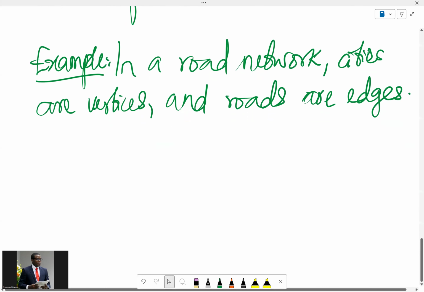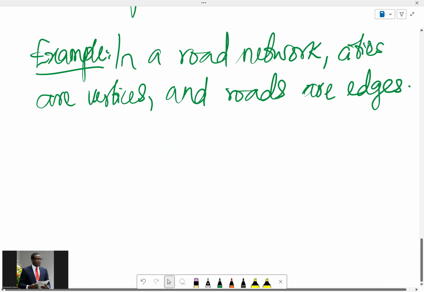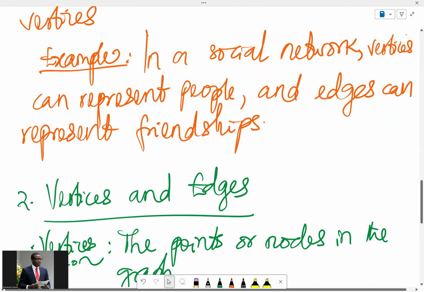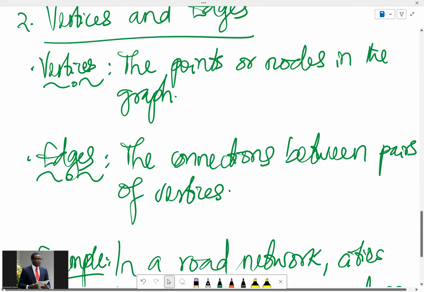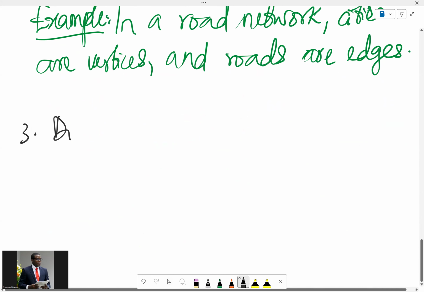Now let's talk about directed versus undirected graphs. We are looking at the basic ideas for graphs.